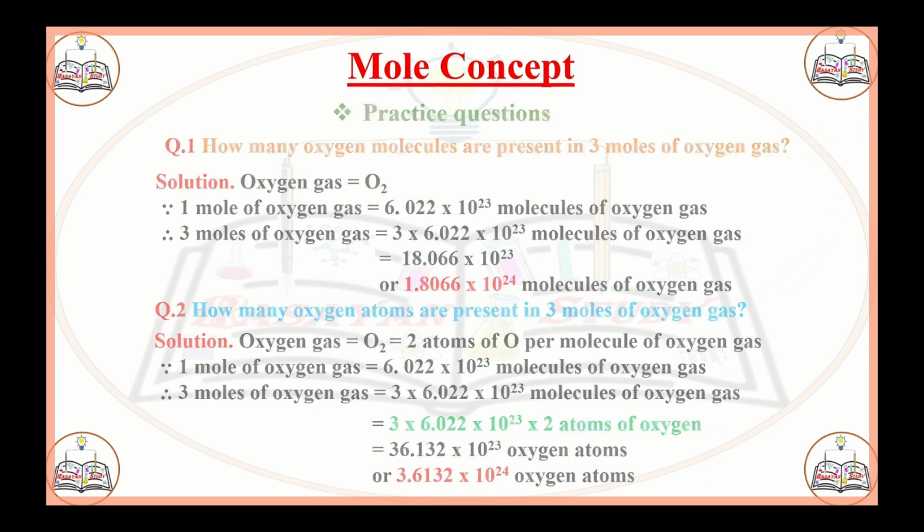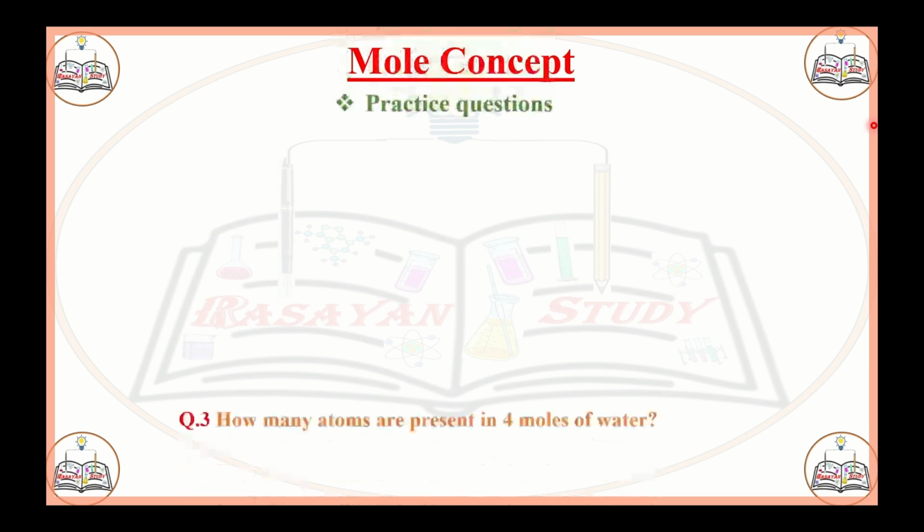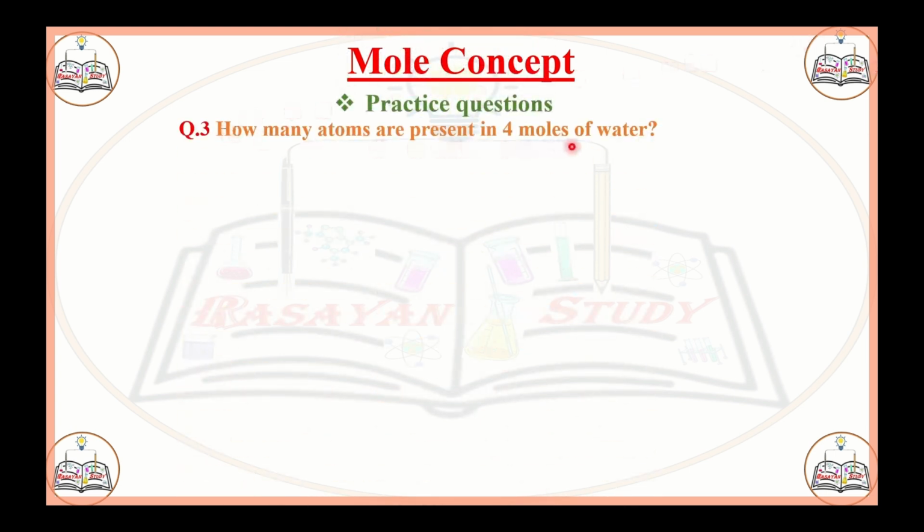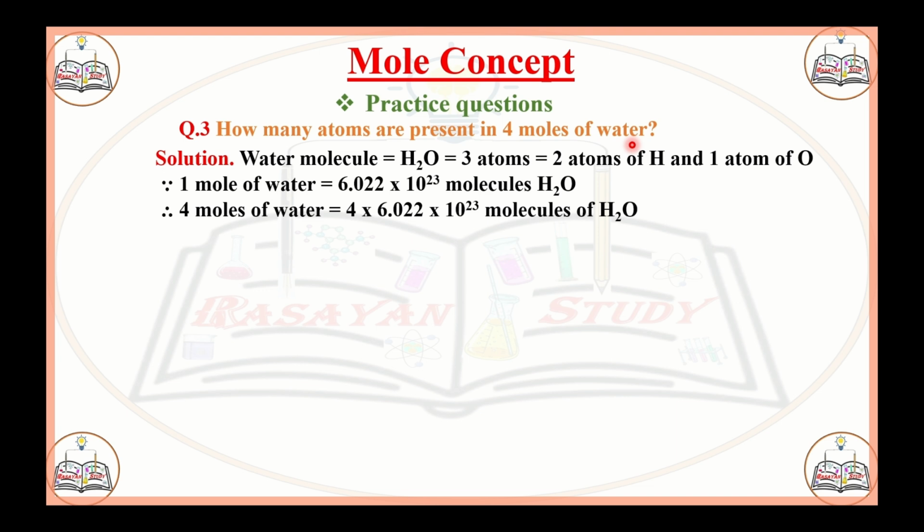So let us now move on to the next question, and that is, how many atoms are present in 4 moles of water? You can pause and write the answer in your notebook and then come and check. So the solution will be, see, 1 water molecule means H2O, that is 3 atoms, 2 of hydrogen and 1 of oxygen. So 1 mole of water, as we know, contains 6.022 × 10^23 molecules of water. 4 moles of water will contain 4 × 6.022 × 10^23 molecules of water.